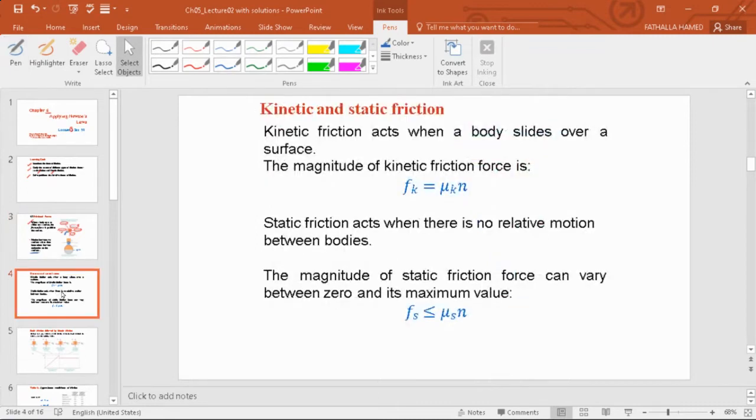So when we talk about friction, we're going to talk about two types of friction here. One which we call kinetic friction, the other one which we'll call static friction. And kinetic friction acts when a body slides over a surface. That's what you get.